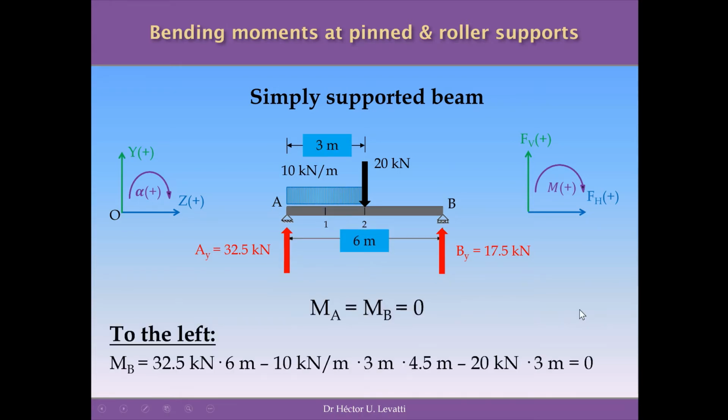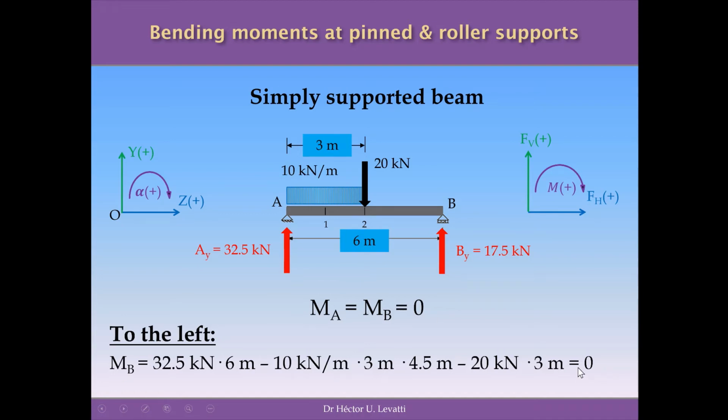We can do the same exercise calculating the moments at the point B. If we do it to the right with the opposite sign, there are no distances, there are no forces, so the moment is 0. But if we do it to the left, what we have is 32.5 kilonewtons, the reaction, multiplied by 6 meters, minus 10 kilonewtons per meter times 3 meters to calculate the equivalent load, multiplied by 4.5 meters, the distance from the middle of the UDL to the point B, the point of reference for the moments, and minus 20 kilonewtons times 3 meters because it's an anti-clockwise moment as well.